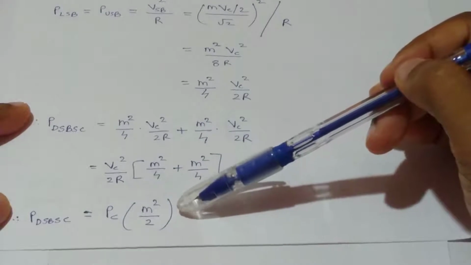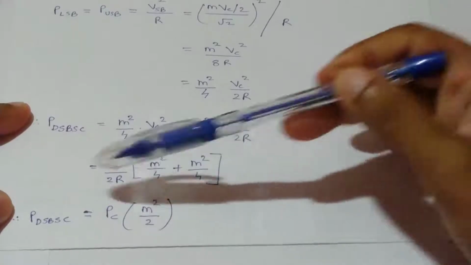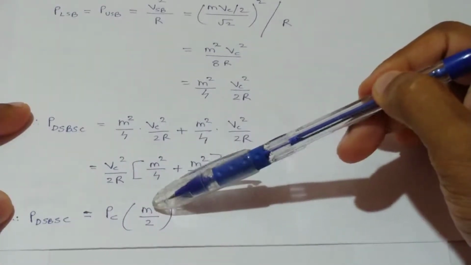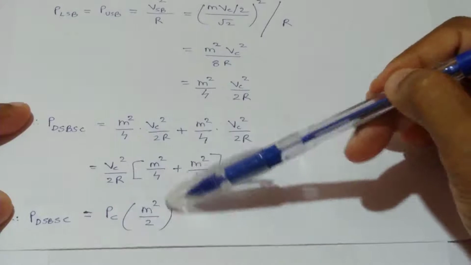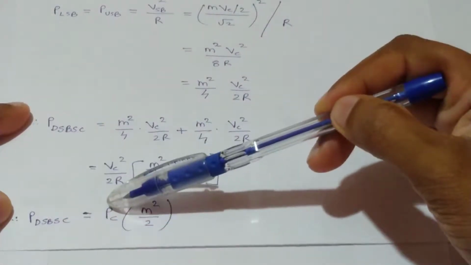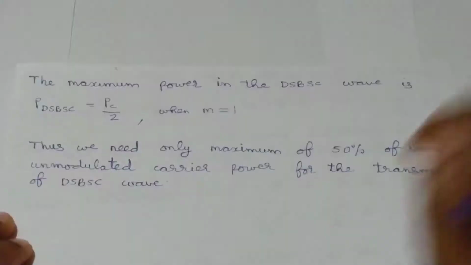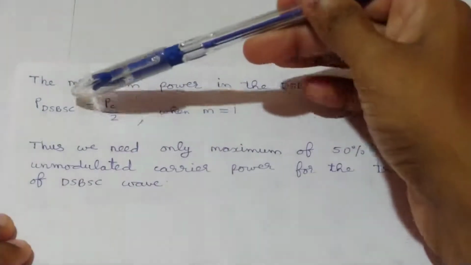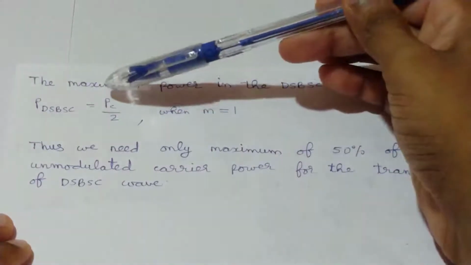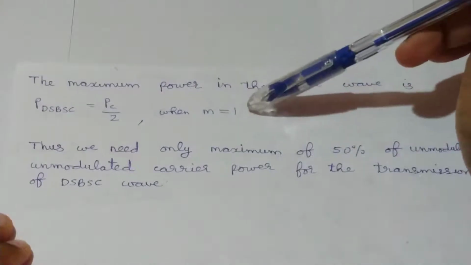Then from this equation we can calculate the maximum power in the DSB-SC wave. We get the maximum power when m is equal to 1. When m is equal to 1, this term will be 1 by 2, so this is equal to Pc divided by 2. So the maximum power in the DSB-SC wave is P DSB-SC maximum equal to Pc divided by 2 when m is equal to 1.